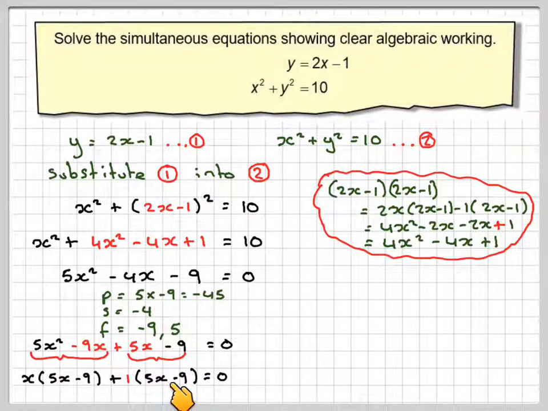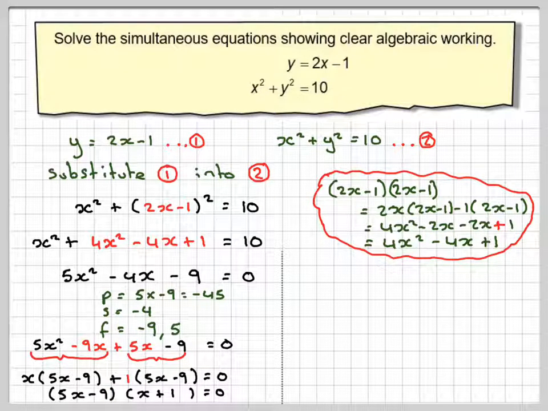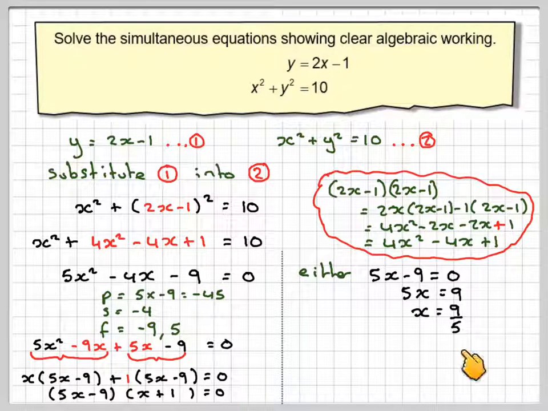Now we've got a common factor of 5x minus 9, and we're left with x plus 1. So either 5x minus 9 is equal to 0, which means that 5x is 9 and x is 9 over 5, or x plus 1 is equal to 0, which gives you x is equal to minus 1.